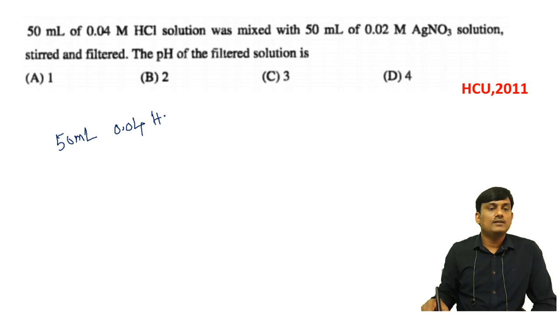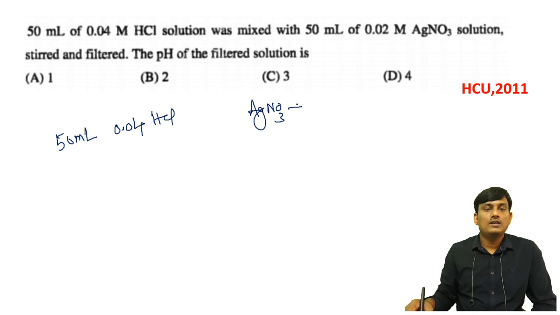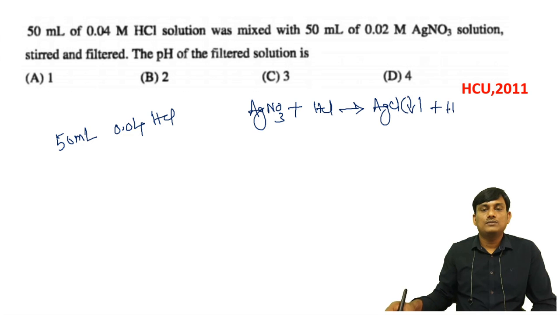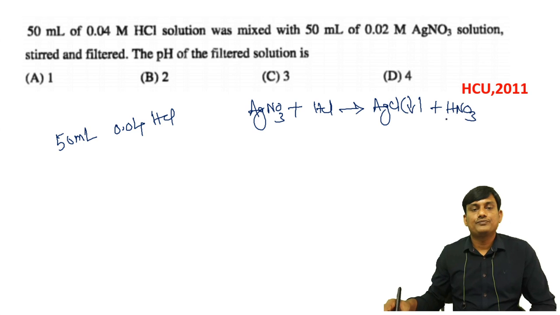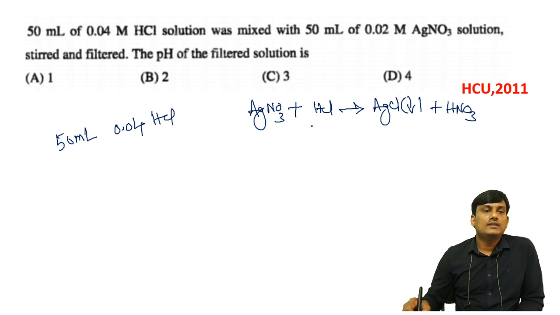When you take the reaction between AgNO3 and HCl, there is a formation of AgCl precipitate and HNO3. Here there is no change in the concentration of H+. The number of moles of H+ in HCl, that many moles of H+ will be formed. The addition of AgNO3 will not change the pH of the solution.